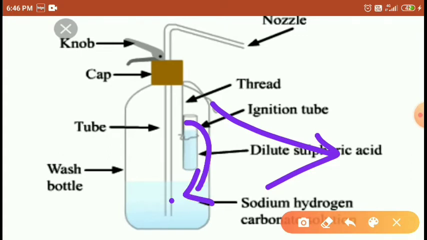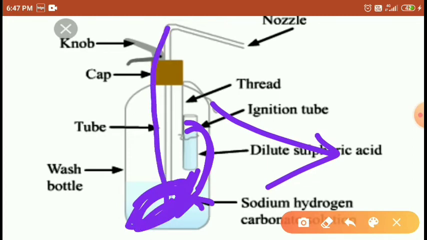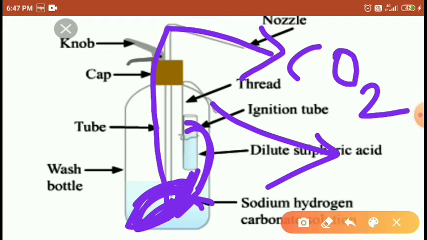When sulfuric acid falls on the sodium hydrogen carbonate, it mixes completely and a large amount of carbon dioxide comes out, and it can stop the burning spot or prevent the spreading of fire. Right, students, understood?